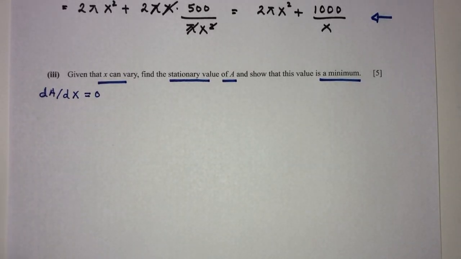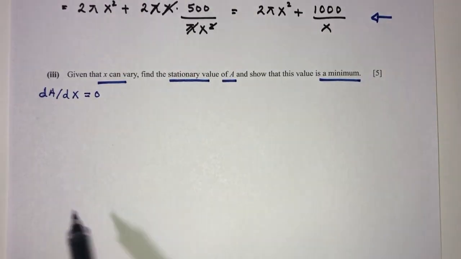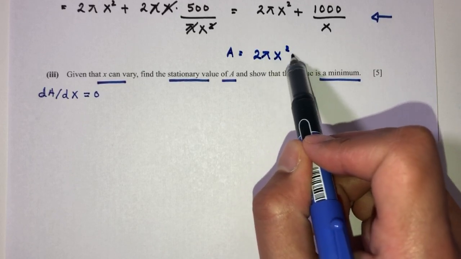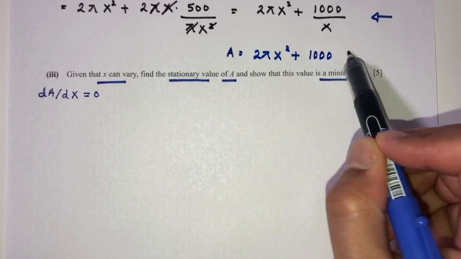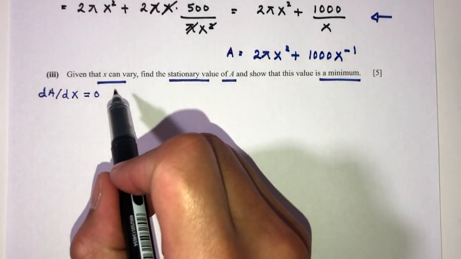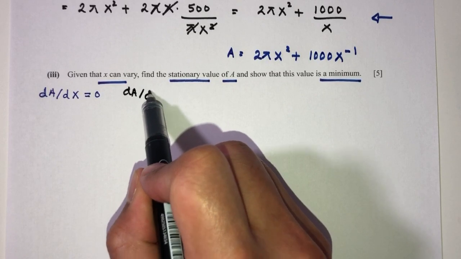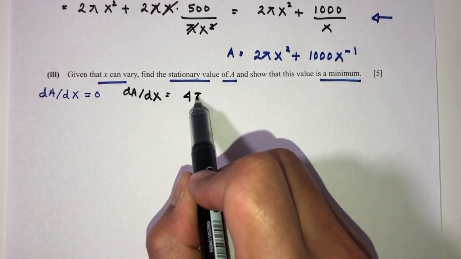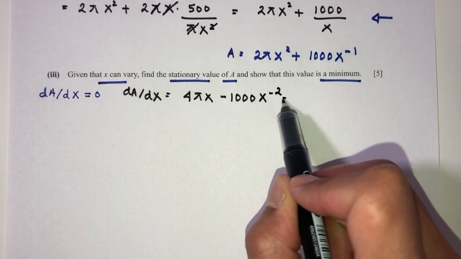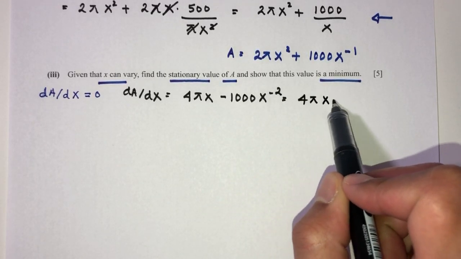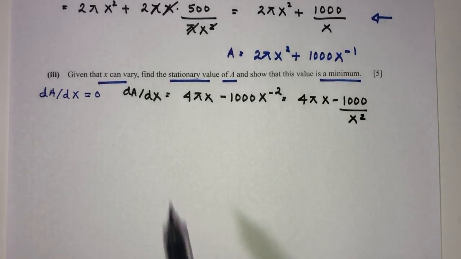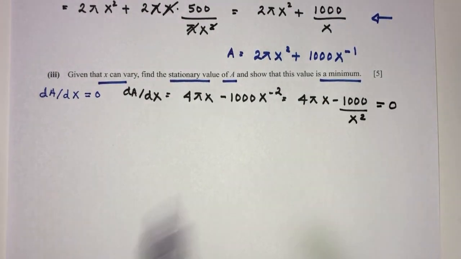That's the only option for the stationary value of A. Now A can be written as 2 pi x square plus 1000 x power minus 1 if you bring this up, right? So from this we have dA by dx will be 4 pi x minus 1000 x power minus 2, which is also equal to this over x squared.